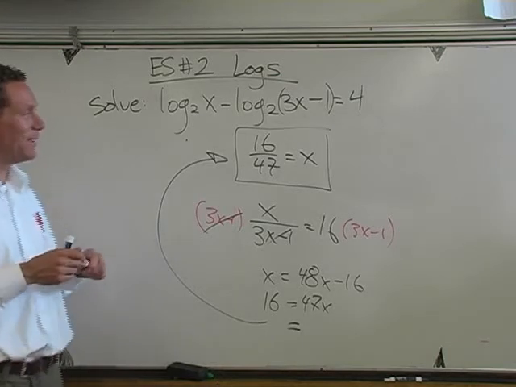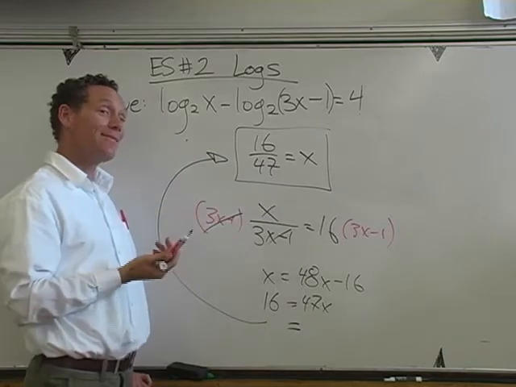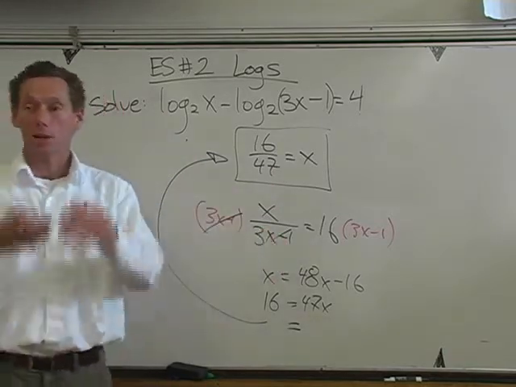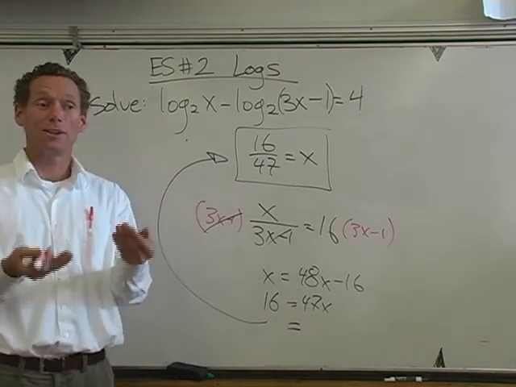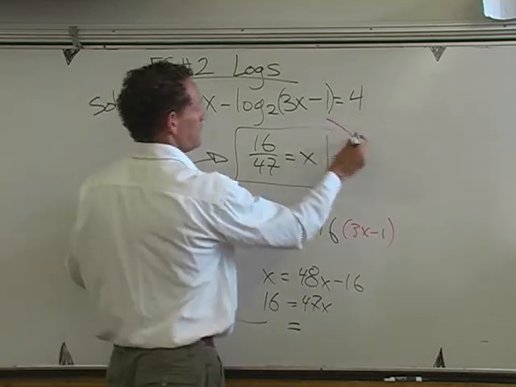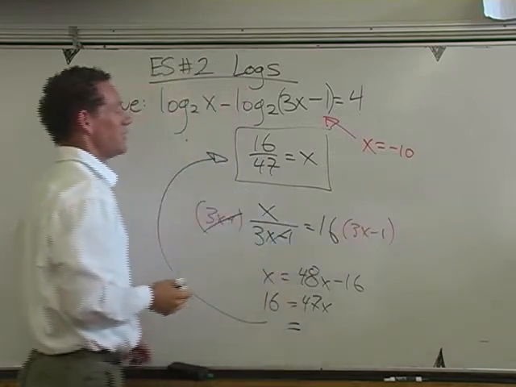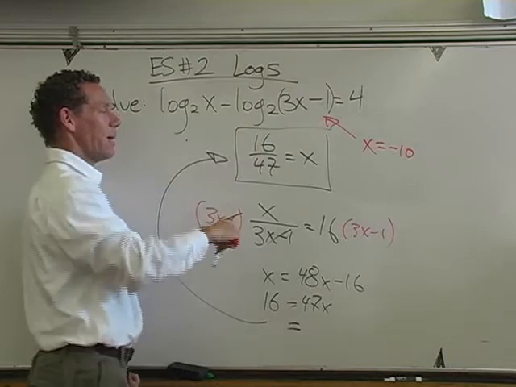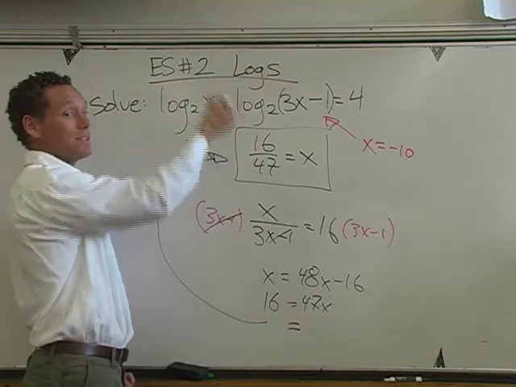Yes, it is, because we would not be taking the log of a negative number. Just like with rationals, you're not allowed to divide by 0; with logs, you're not allowed to take the log of a negative number. For example, if we ended up with x equals negative 10, you'd say that's not going to work, because if we put it in here, we're taking the log of a negative number, it's undefined.